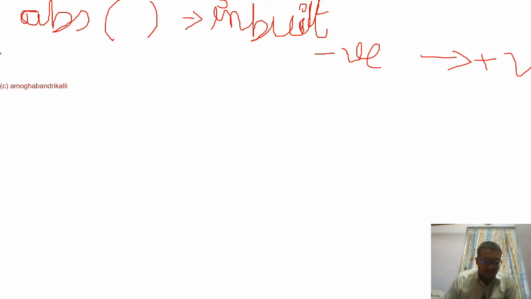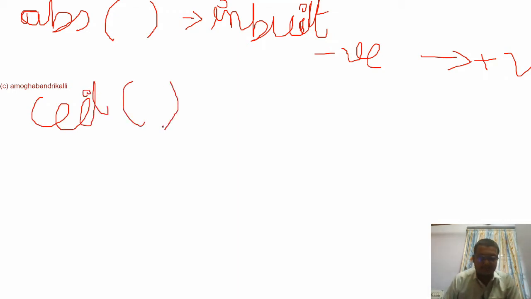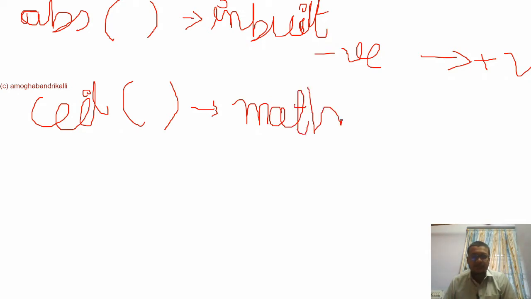So the next operation is the ceil operation. Ceil of this one. Here it is not an inbuilt function. It is a function which has been written in math. So if you need to use the ceil, you need to import math first.